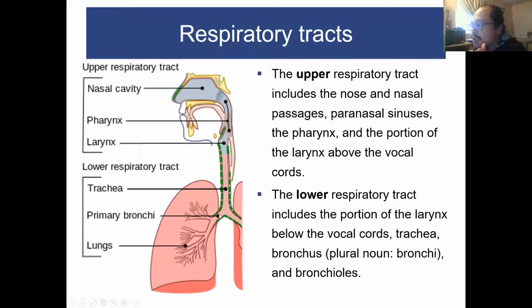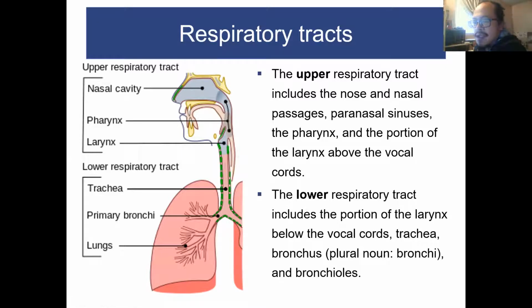So the bronchi, we have left and right bronchi, and then each one will go into the lung. So here is the lung. Lung is a collection of these bronchi and also the alveoli. So we will talk about that. So this whole thing is the respiratory tract.